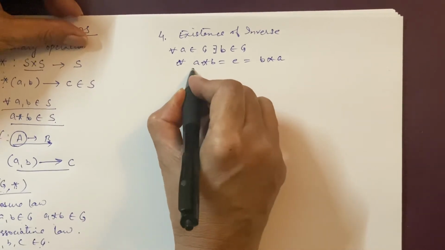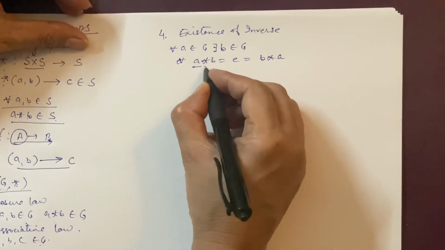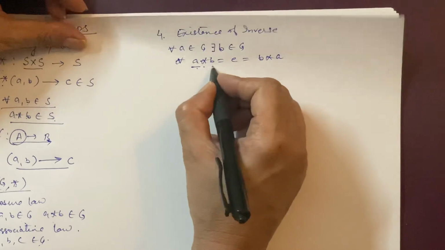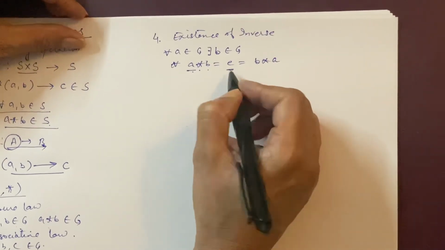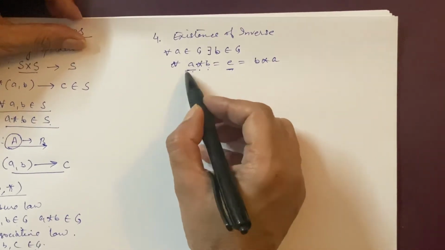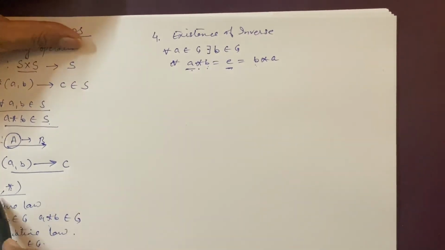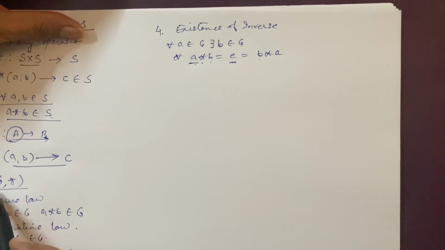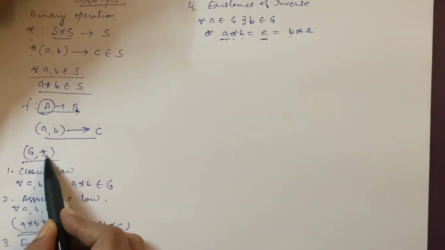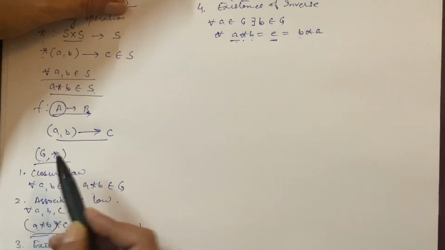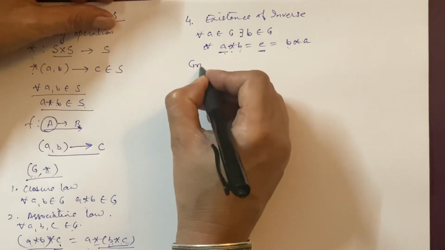That is, when we apply the binary operation star with a and b, the answer is always e, whether we apply b to a or a to b. So any set G satisfying all these properties with respect to the binary operation star is called a group.